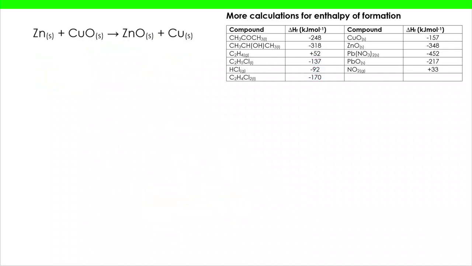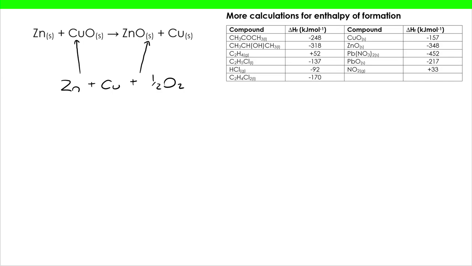So let's look at another example. On this one, no enthalpy of formation of zinc, no enthalpy of formation of copper, because by definition they are 0. My enthalpy of formation equations, starting at the bottom and going up, 1 Zn, 1 Cu, and half an O2, and that works the same on the other side.